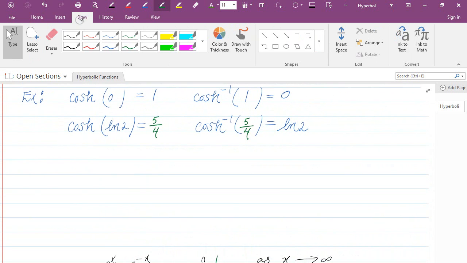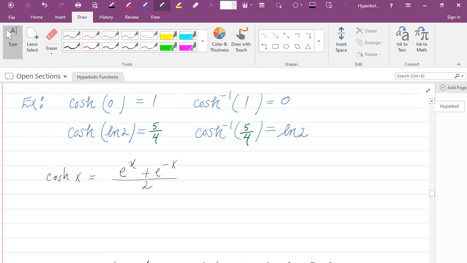Okay, so hyperbolic cosine x is (e to the x plus e to the minus x) over 2. So clearly when x is 0, in the numerator we would be getting e to the 0 plus e to the 0, and e to the 0 is 1, so the numerator will be 2 when x is 0, and then we end up with 1. So hyperbolic cosine of 0 is 1, and as a result the hyperbolic cosine inverse of 1 is 0.